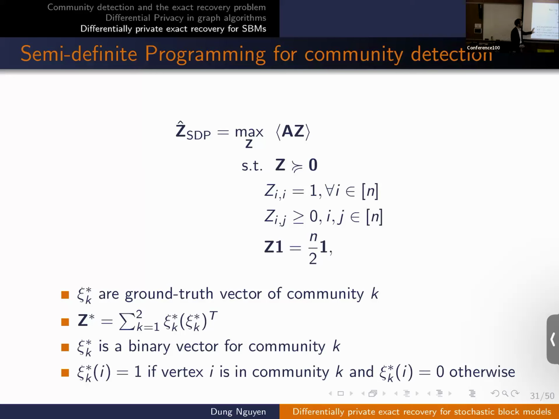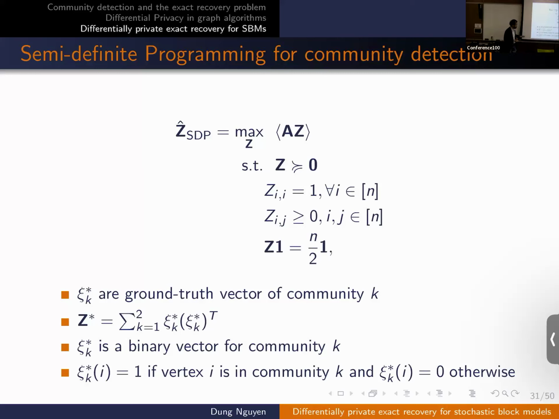Of course, here the form of the variable Z is a little bit different from the sigma star that I described earlier, but you can calculate Z star from sigma star. Basically, this is for convenience when we extend the result to multiple communities, but their meaning is still the same.